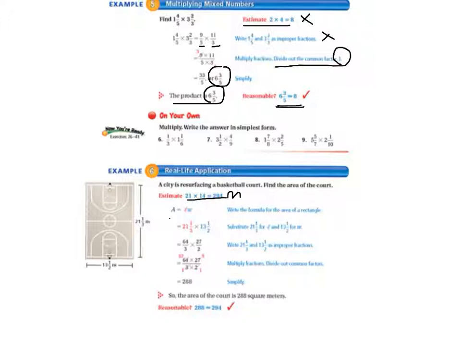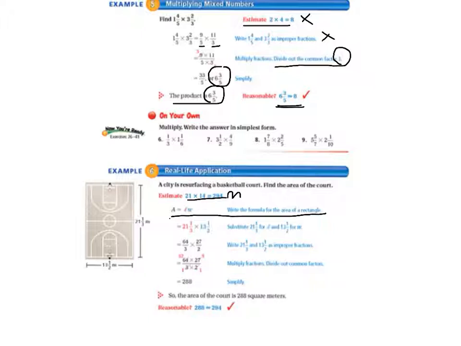So the book has very nicely reminded you of your area formula, and we substitute in our numbers, and we change 21 1/3 to an improper fraction, so it comes out to be 64 thirds, and 13 1/2 comes out to be 27 halves.